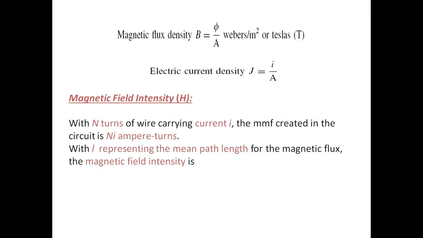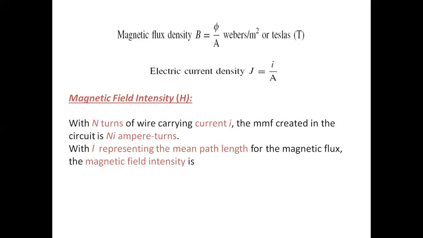Now the magnetic field intensity. With N turns of wire carrying a current I, the MMF created in the circuit is NI, right? MMF F equals NI, in ampere turns.